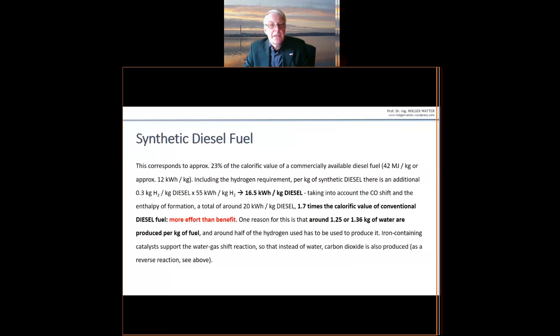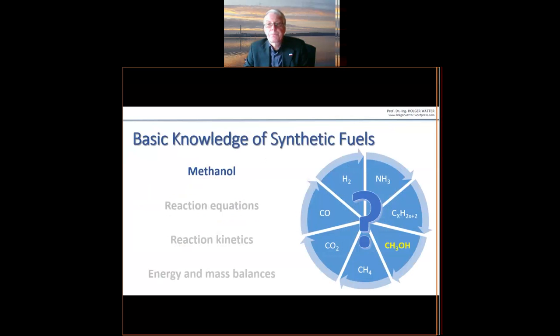The reason for this is that around 1.2 to 1.4 kilograms of water are produced per kilogram of fuel, and around half of the hydrogen used has to be used to produce it. What about methanol?